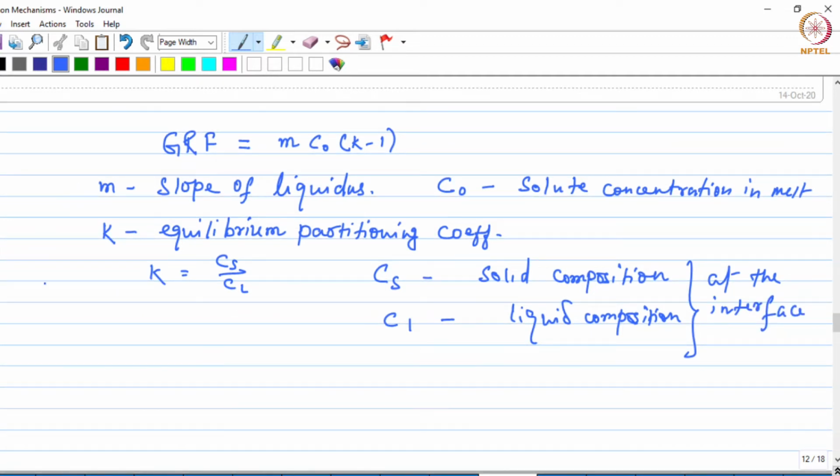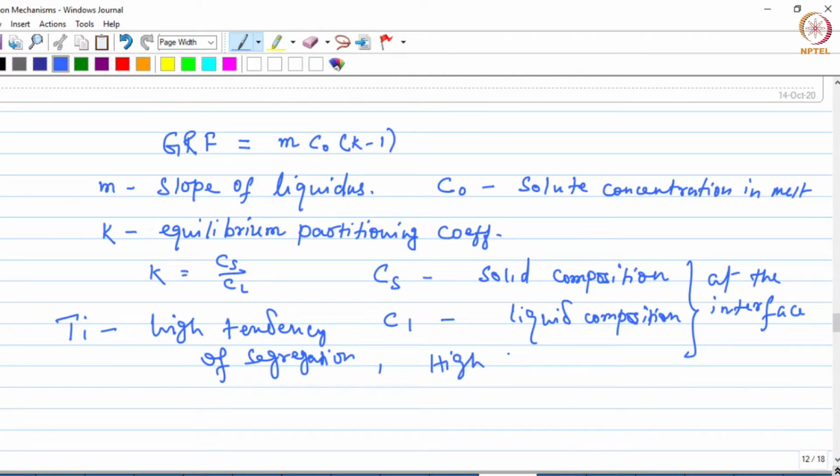So as I said before, titanium has a higher tendency for segregation and it leads to a high GRF also. And therefore it has been found to be a very effective grain refiner that we have already discussed before, right? So high GRF is one of the main reasons as to why titanium is so effective in grain refinement.